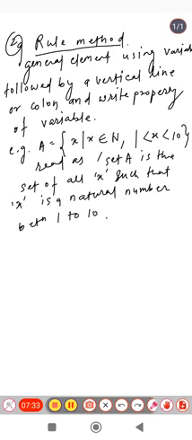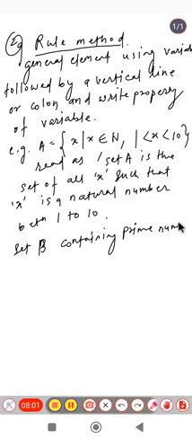So where we can write, for example, in general, what are the prime numbers? For example, the set B containing prime numbers between 1 to 10. In general we can write in this method B, in the curly brace, x such that x is a prime number between 1 to 10.